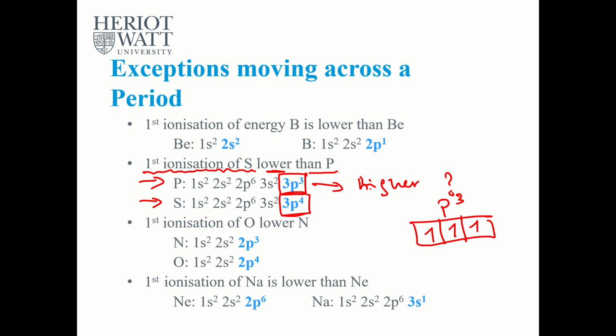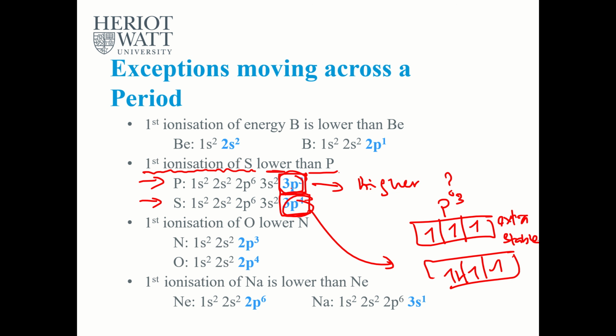Half of the total, half-filled, right? But 3p4 is not half-filled. It's like 1, 2, 3, 4. It's not half-filled nor full-filled. It's not either one of them. So this is extra stable. And that is the reason why when you remove an electron from 3p3, it's slightly harder than 3p4, even though they are the same orbital. So phosphorus will have higher ionization energy.